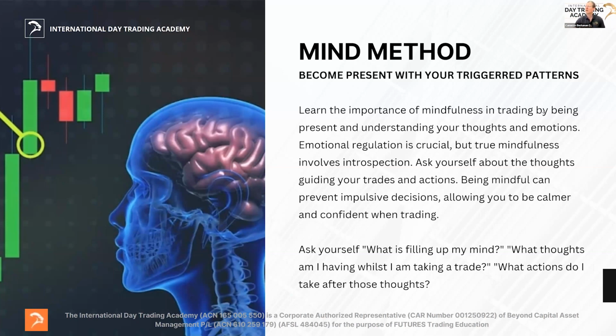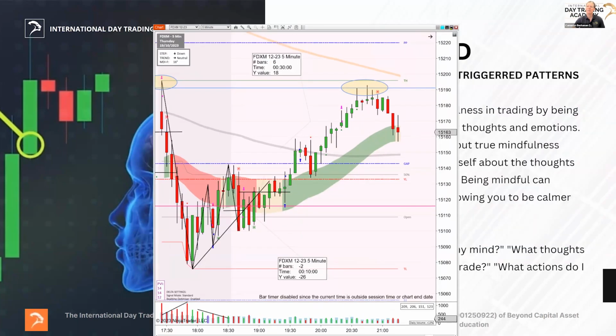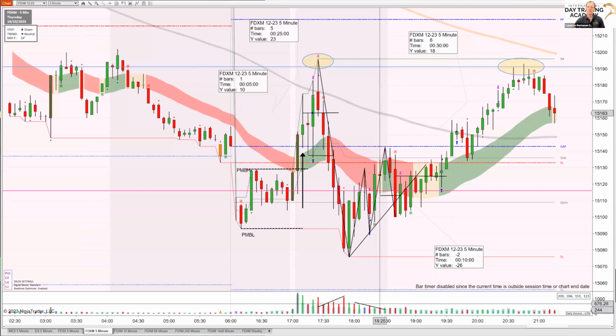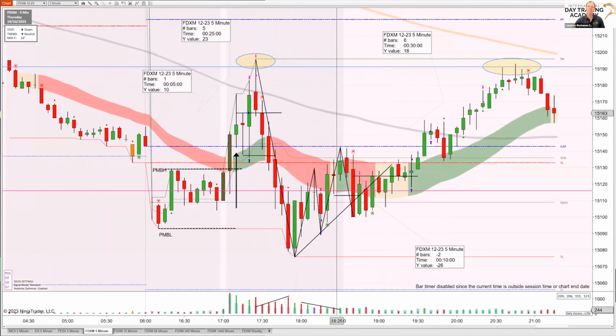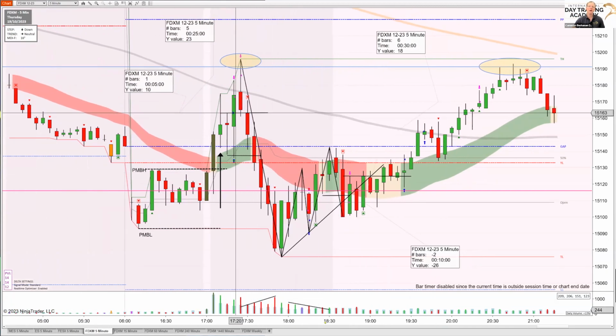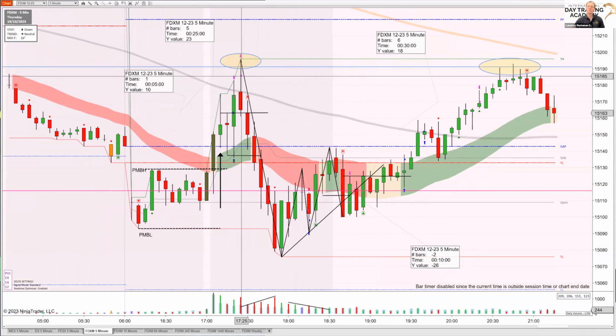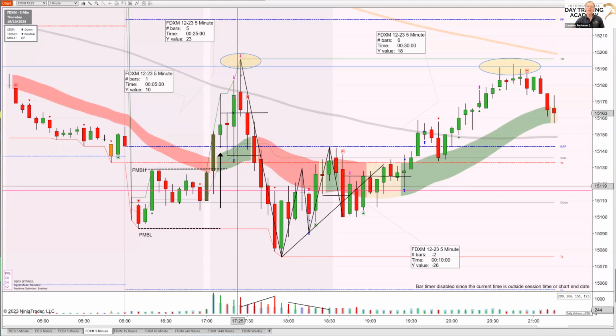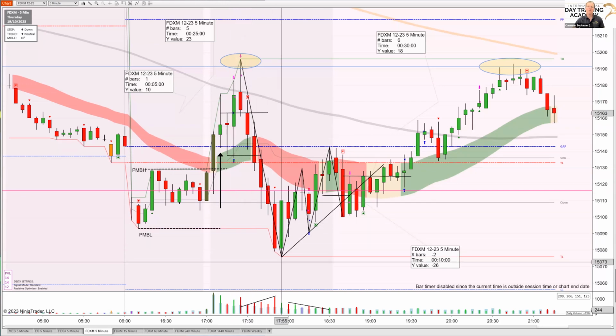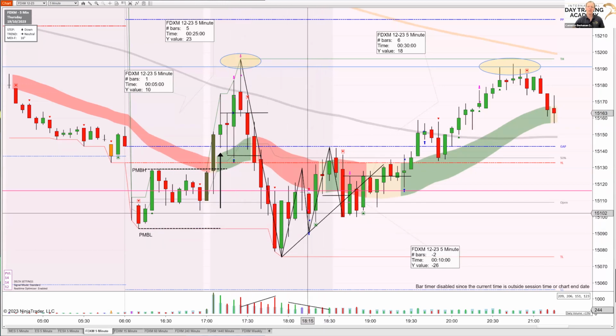I'm going to bring up a screenshot, and this is just from my trading last night. This was live traded in the live trading room. I started off early and got a winning trade early in the session, and then I got another winning trade down there as well.